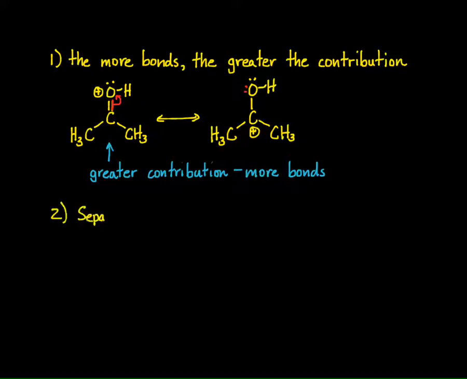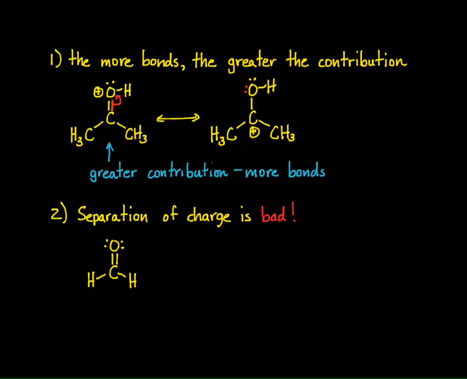The second rule is that separation of charge is bad, right? If I can have a Lewis structure in which the formal charges of all the atoms are minimized, that's going to be the major resonance contributor. As an example, again, we're going to use that carbon-oxygen double bond because in general, with double bonds, I can move one of those bonds.